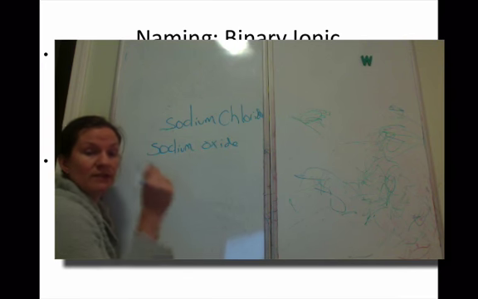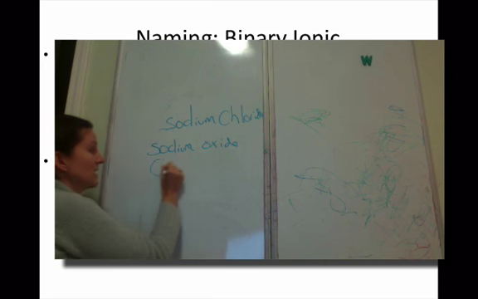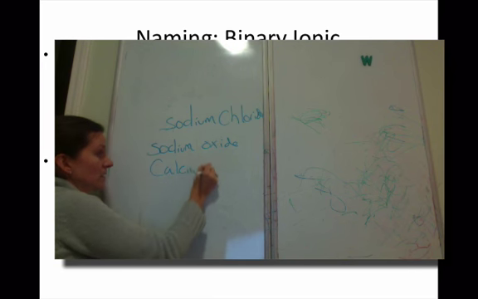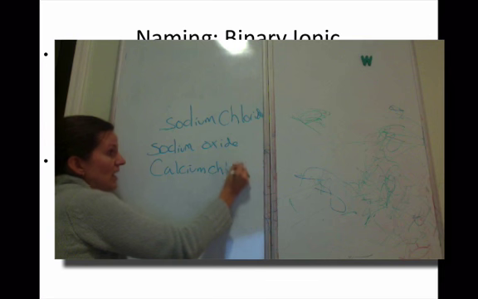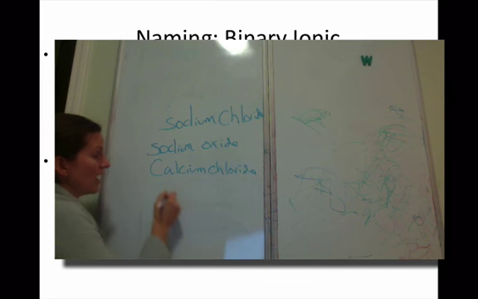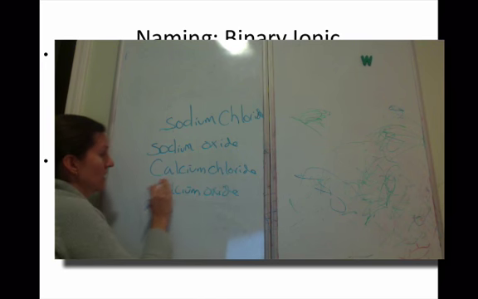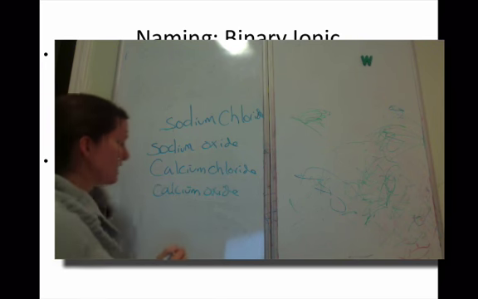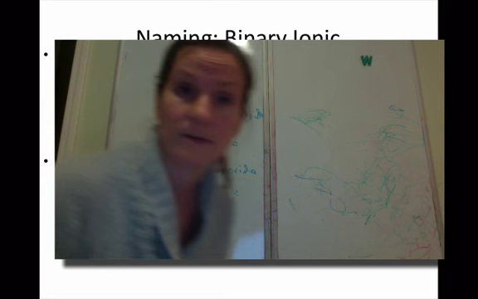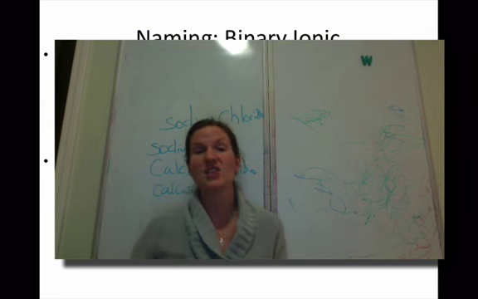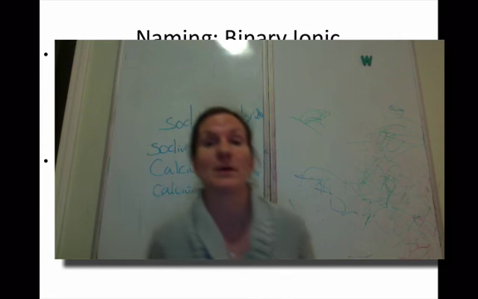If you're going to have calcium with chlorine, that's going to be calcium chloride. And then if you're going to have calcium with oxygen, that's going to be calcium oxide. Every time, simply naming the two pieces with what their names are. That's it. No prefixes, no nothing. Naming binary ionic compounds is super simple.